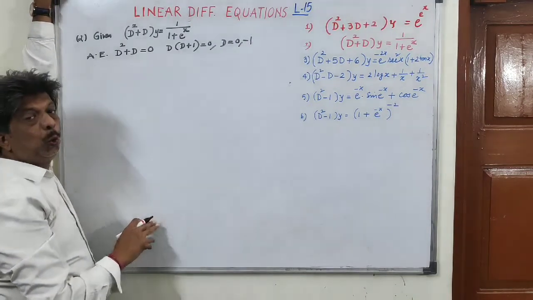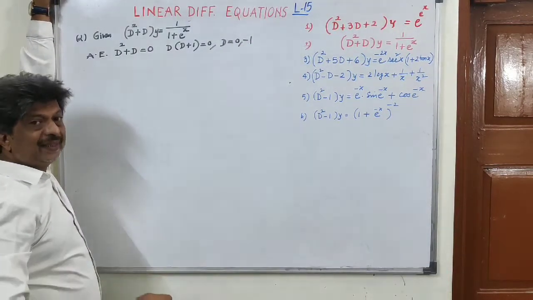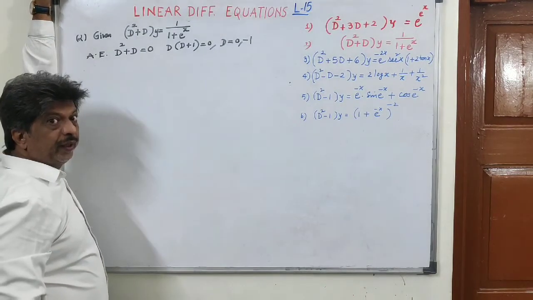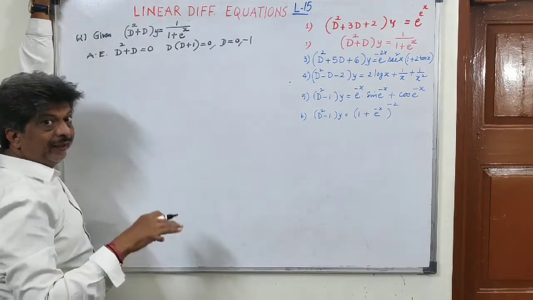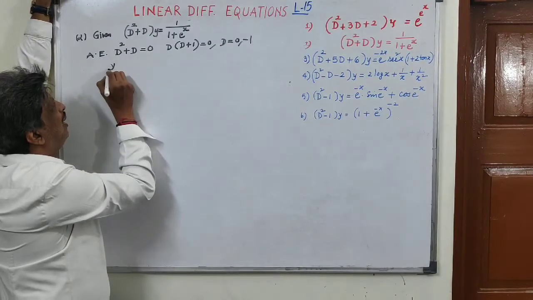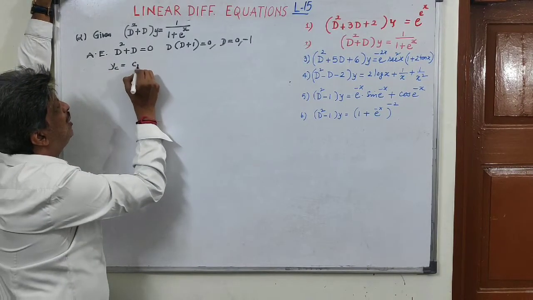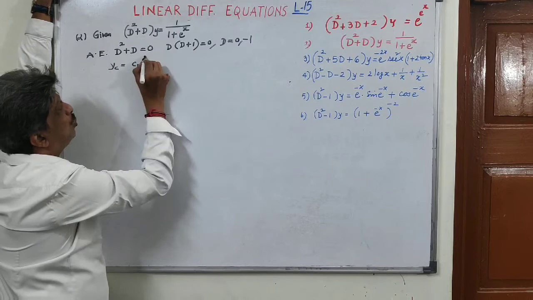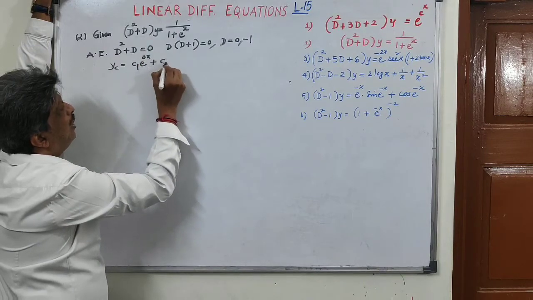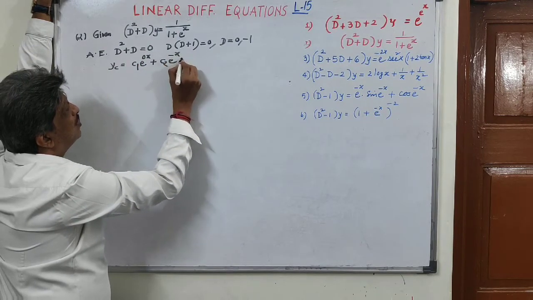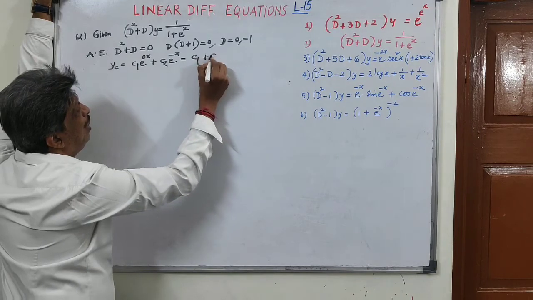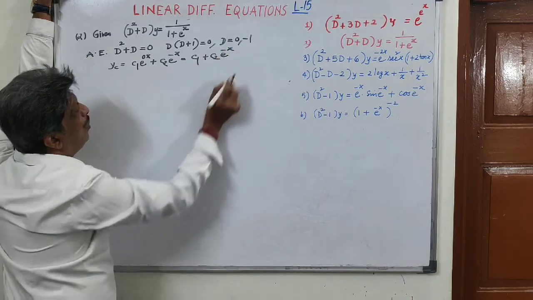They are the two real distinct roots which define your yc. The complementary function is c1 e raised to power 0x plus c2 into e raised to power minus x. So that is c1 plus c2 e raised to power minus x.